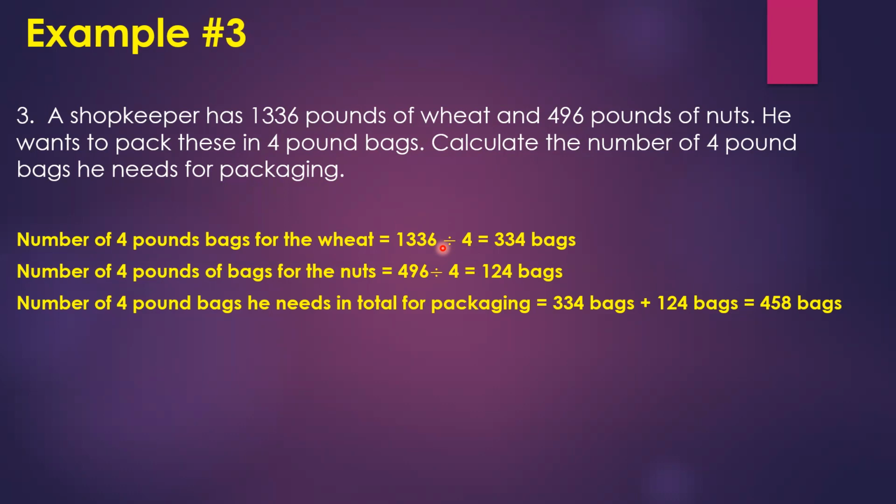And I didn't do the calculations for that one yet. Okay. It's right on the screen. Oh, sorry. The number of 4-pound bags for the nuts is equal to 496 divide 4, giving you 124 bags.